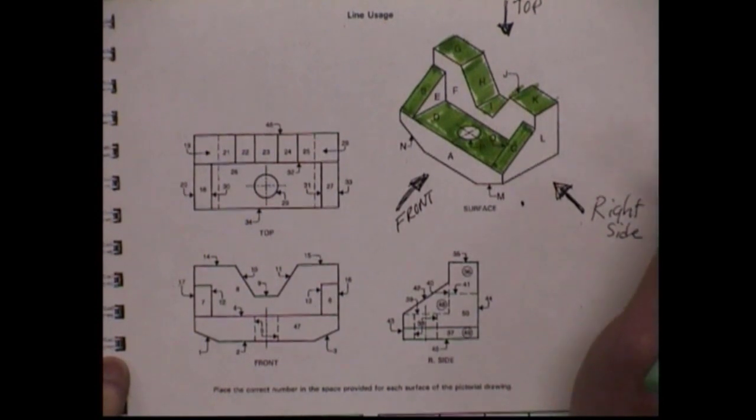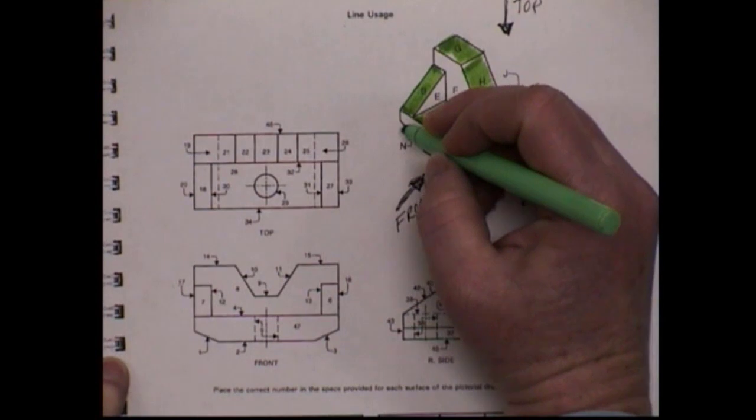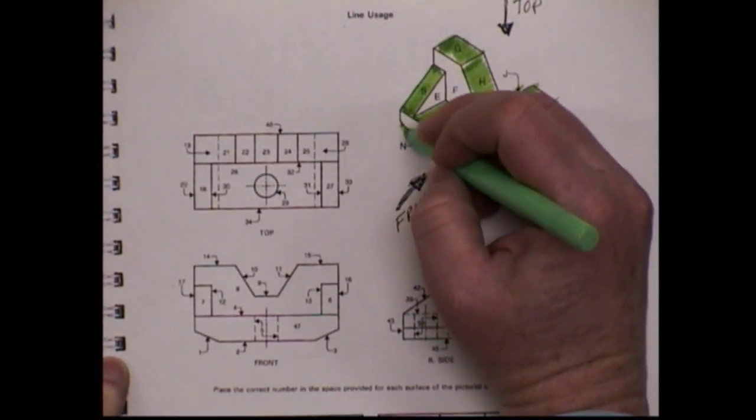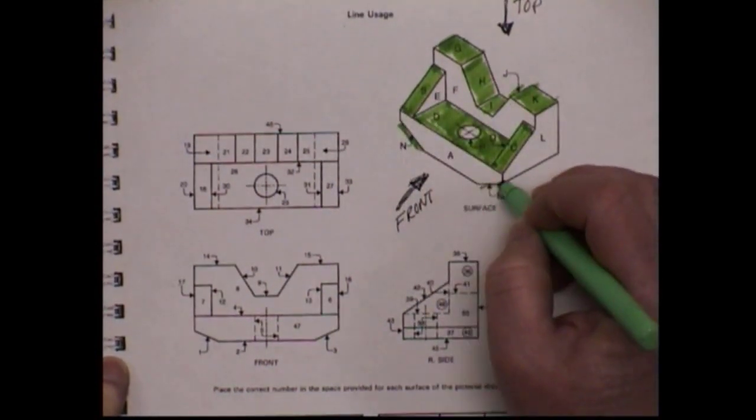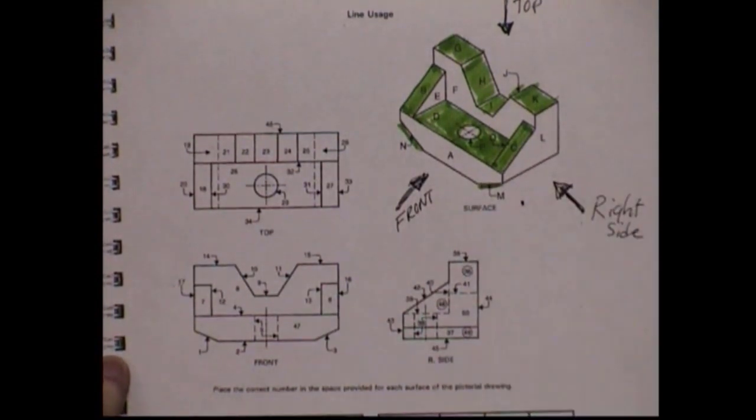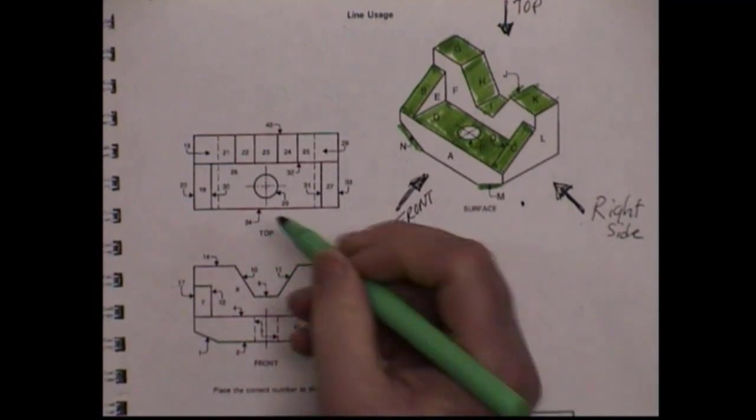They're going to look shorter than what they really are, correct? And then we'll also see N in the top view and M. Now, we don't see them as an actual surface, but we do see them as a hidden surface. So in the top view, we see everything that is green.